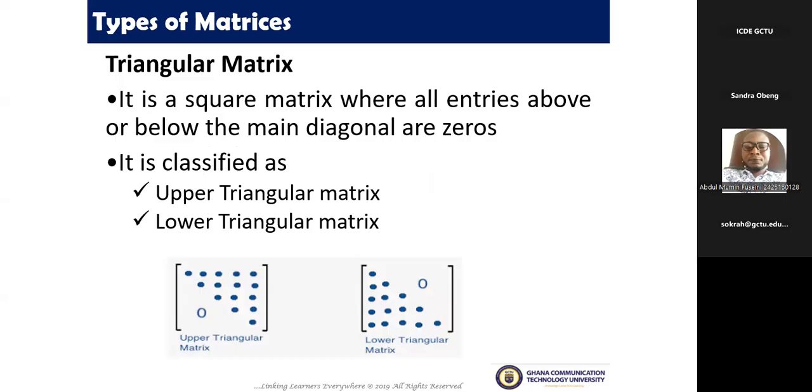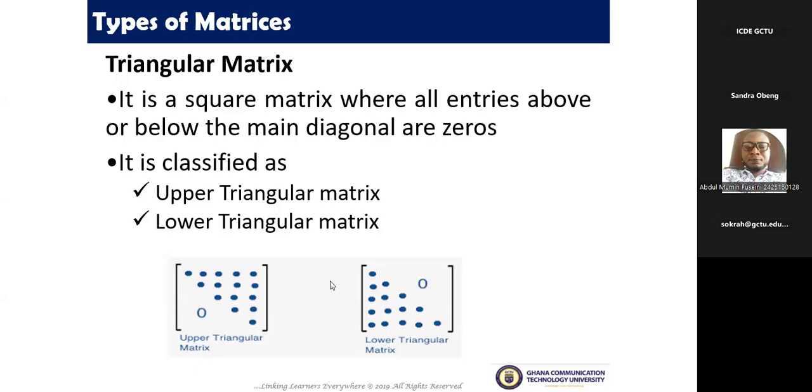It is a square matrix where all entries above or below the main diagonal, or the leading diagonal, are zeros. And we have two types of triangular matrices. We have the upper triangular matrix and the lower triangular matrix.